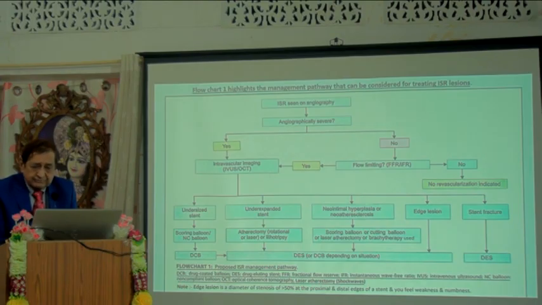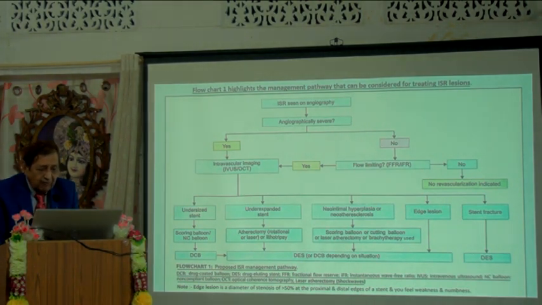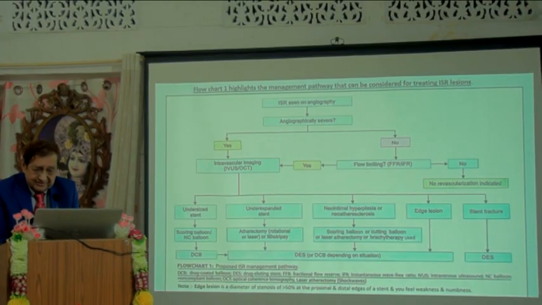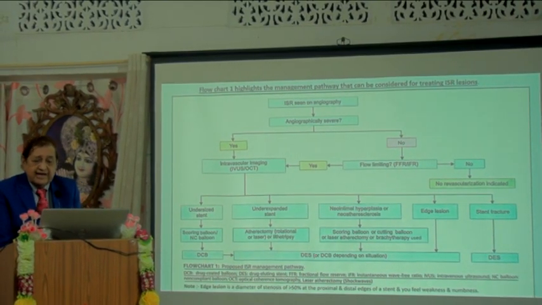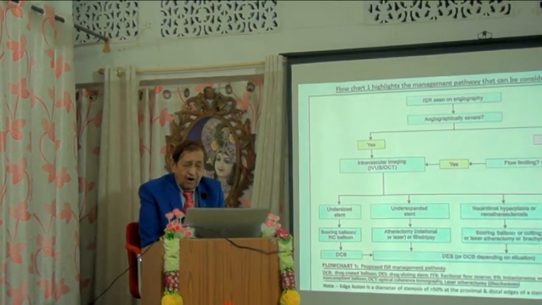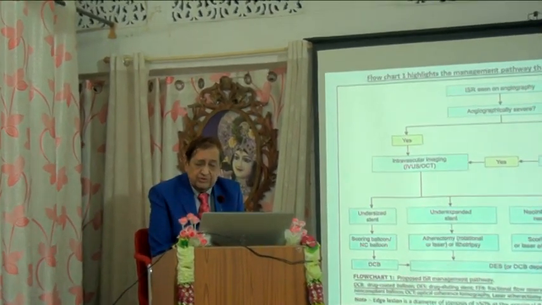And if you see an edge lesion, now the point comes, what is an edge lesion? An edge lesion is a diameter stenosis of more than 50% at the proximal and distal edges of a stent. So if you see the edge lesion, go for drug-eluting stent or drug-coated balloon depending on the situation.